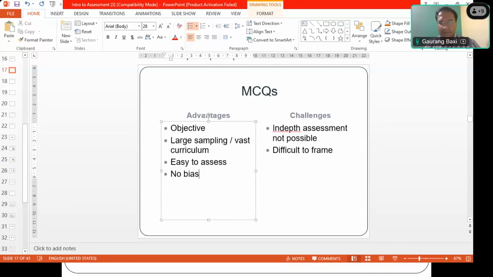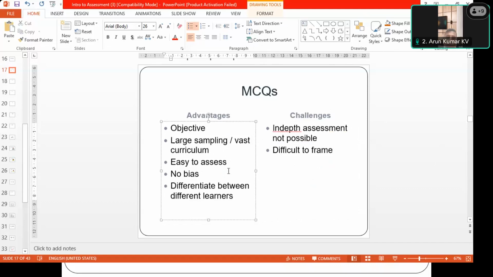Yes, no bias because it is highly objective. You can differentiate the level of the students. It's possible to differentiate between different learners. So it's a quickest means of assessment. Easy and quick to assess.